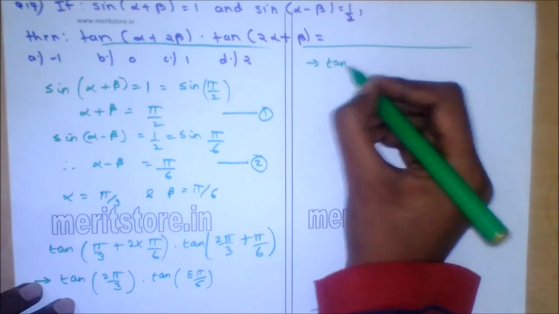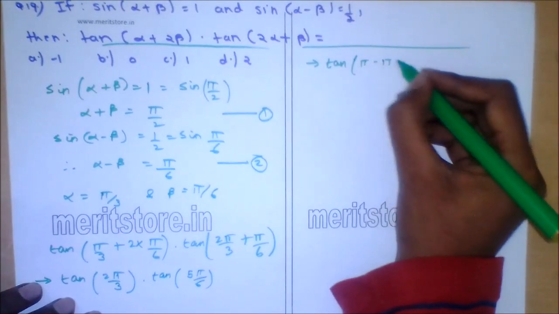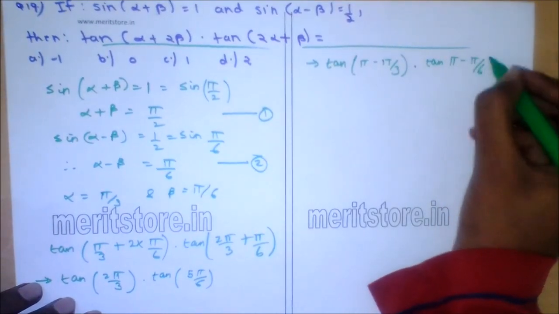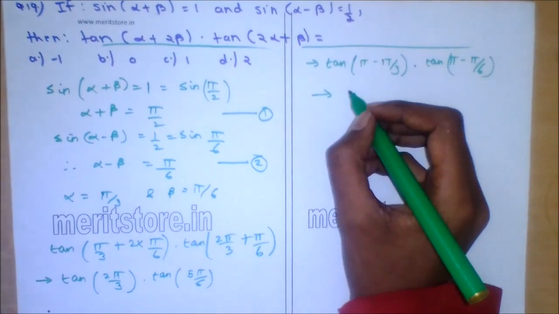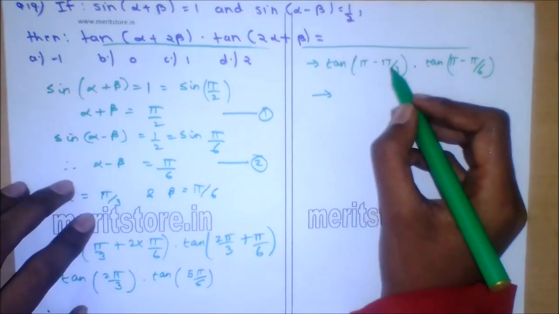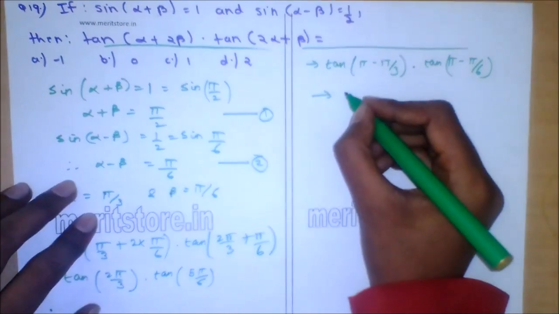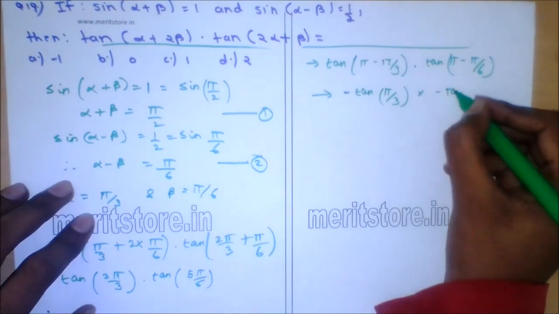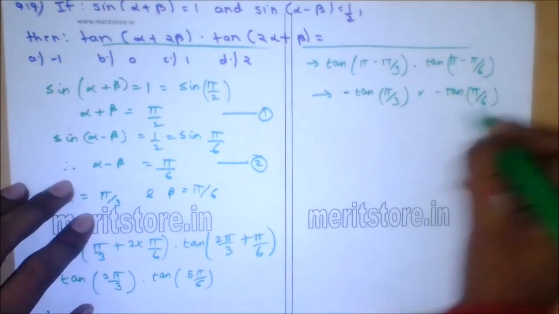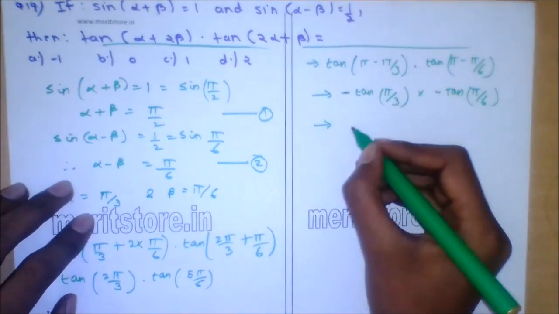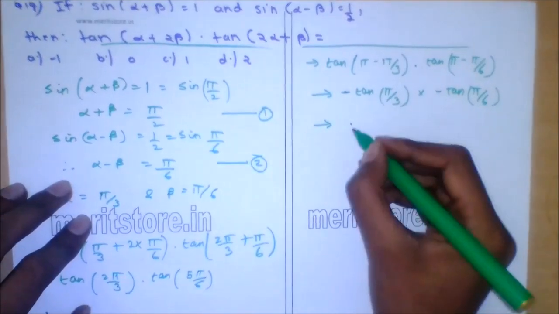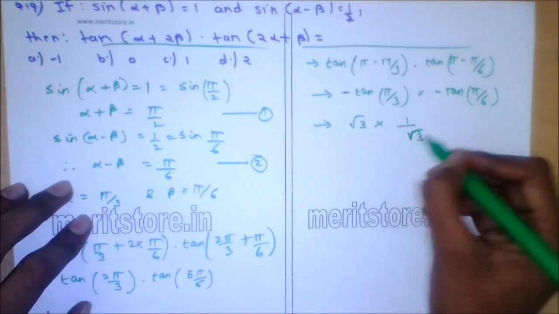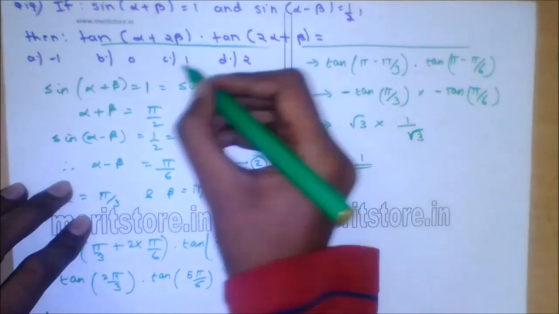Now this can be written as tan of pi minus pi by 3 into tan of pi minus pi by 6. Now tan of pi minus theta is minus tan theta. So we have minus tan pi by 3 into minus tan pi by 6. So minus into minus is plus. So we get tan pi by 3 into tan pi by 6. Tan pi by 3 is root 3 and tan pi by 6 is 1 by root 3. So root 3 divided by root 3 is 1, which is option C.